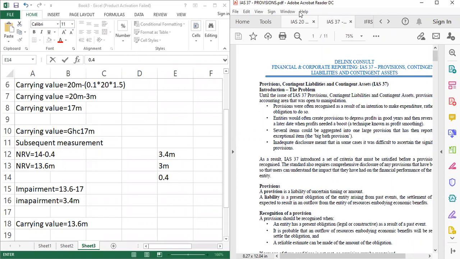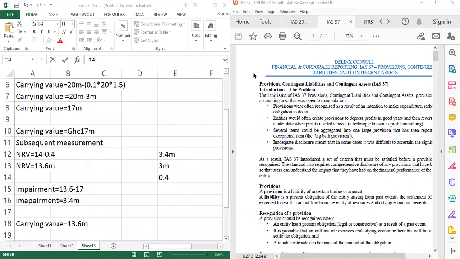People will be making provisions anyhow to reduce their profits. That is why we have the standard to regulate when people should make provision and when they should not. So the provision we are talking about here is not provision for bad debts. It's a provision for a liability that the entity is likely to incur in the future.